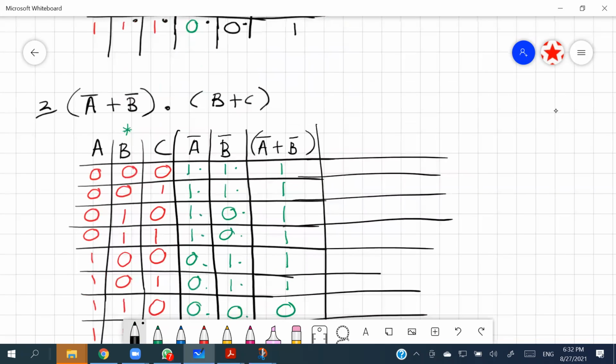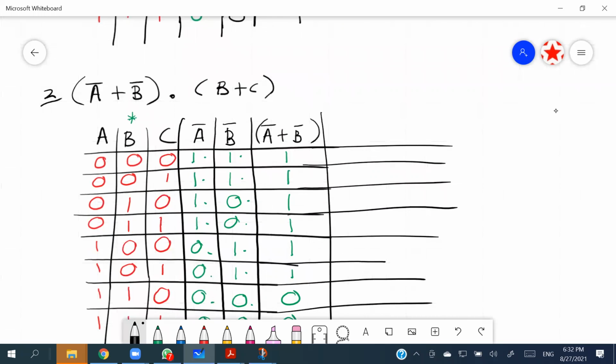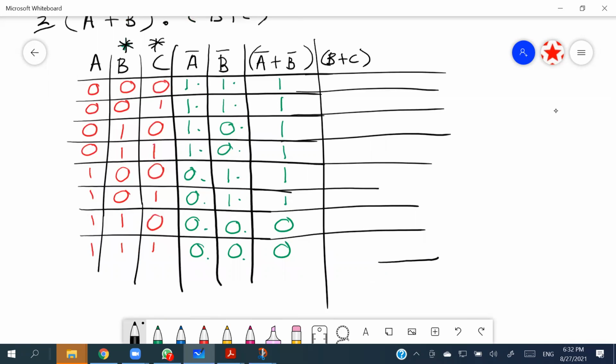Then after, we are going to look at the next bracket or the next term, which is B plus C. So here we don't need to bother about converting anything. B is there, C is there. So by looking at these two columns, we can straight away create B plus C. Right? So how are we going to create that? We are looking at the B column.